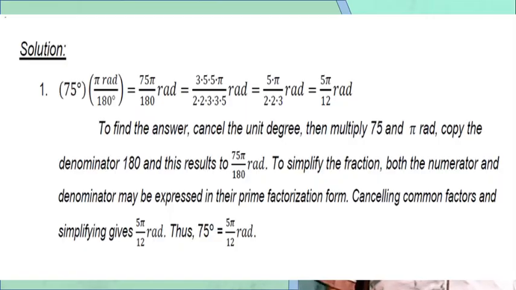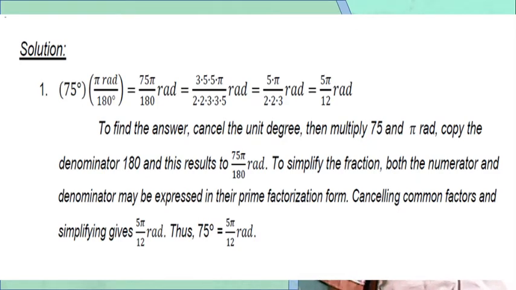Are you ready? Let's check the example 1. Express the following degree measure to radian measure. Number 1 given is 75 degrees. And so, if we want to convert 75 degrees into radian measure, what is the solution in your module? Have you observed? 75 is multiplied to pi over 180.